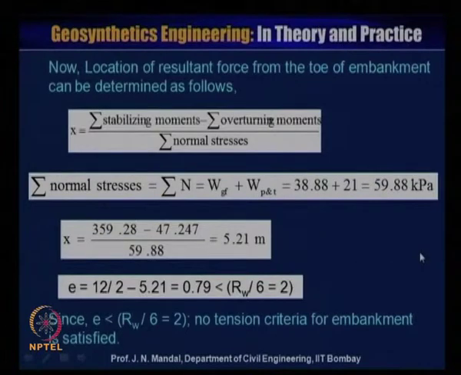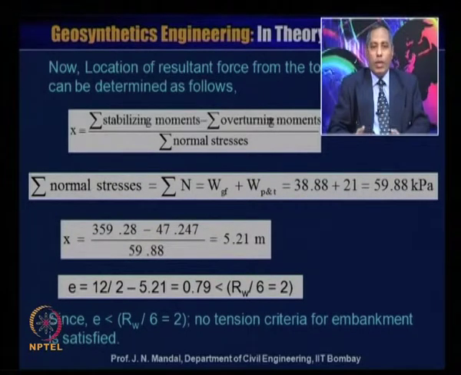Now, the location of the resultant force from the top of the embankment can be determined as follows. If the distance is x, then x is equal to summation of stabilizing moment minus summation of overturning moment, divided by summation of normal stresses. Now, what is the summation of normal stresses?